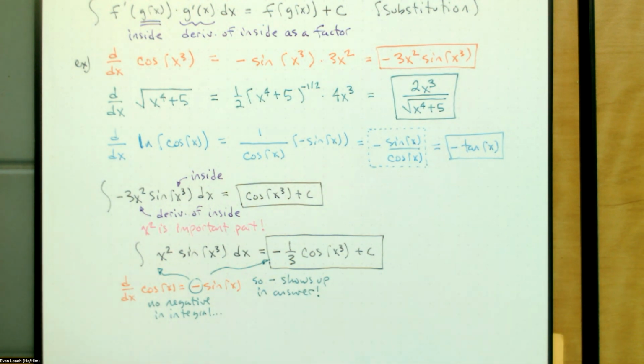Also, the derivative of the inside, the derivative of x cubed, is 3x squared. We don't have a 3 in the integrand, so the 1/3 shows up in the answer.